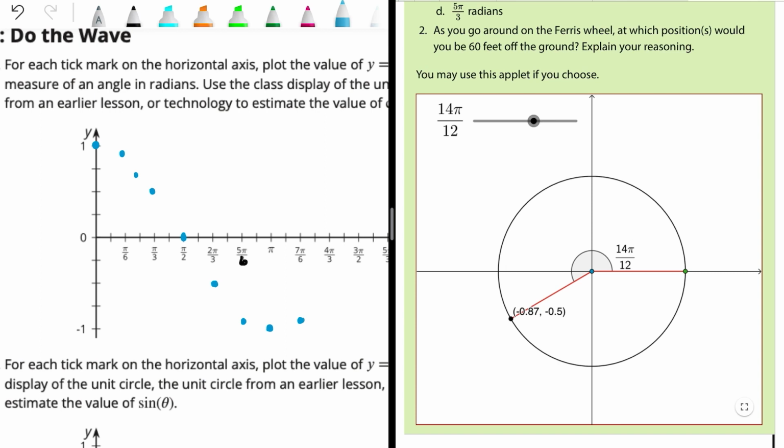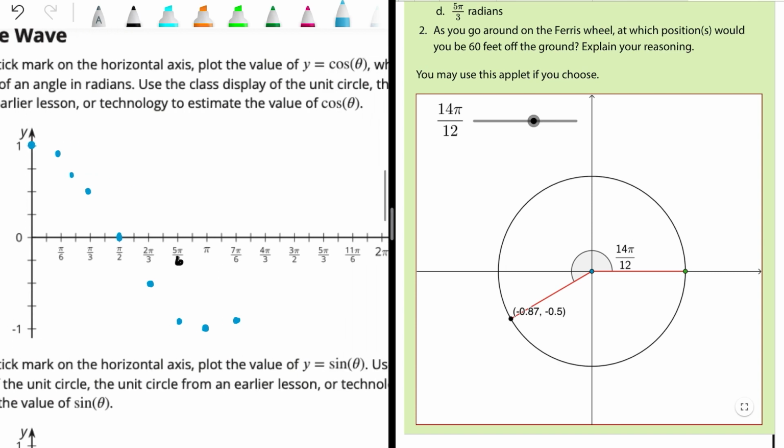And then 4 pi over 3 is the same thing as 16 pi over 12, which is negative 0.5.